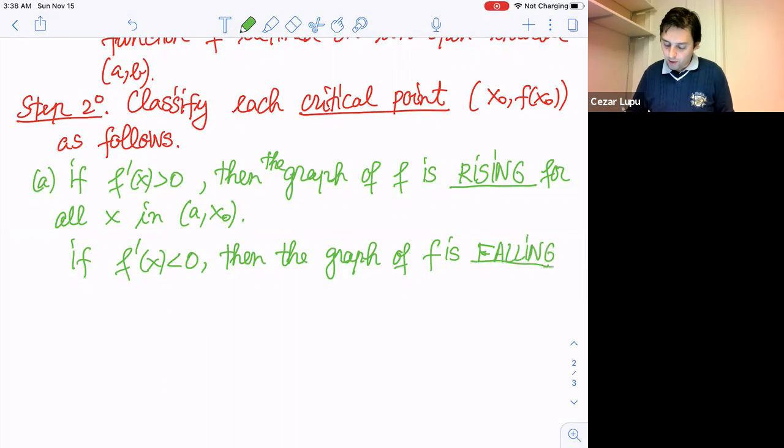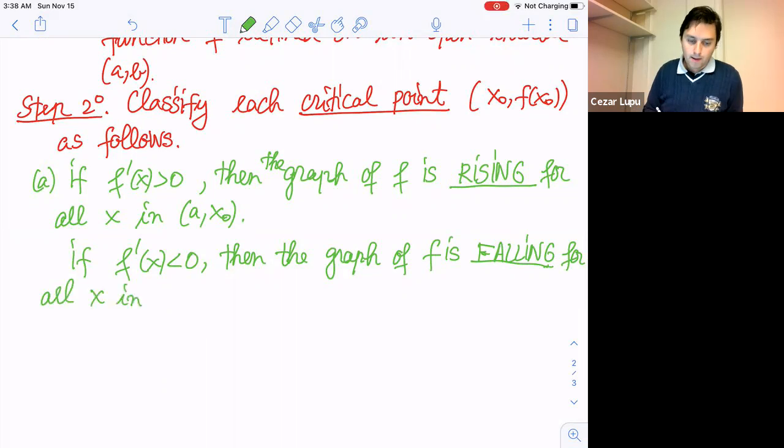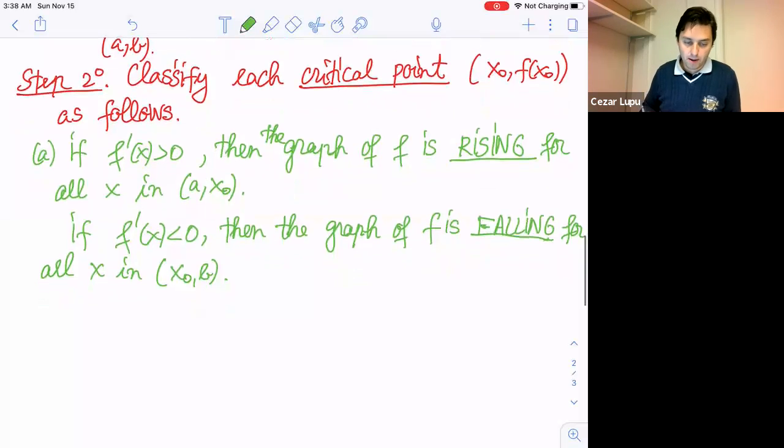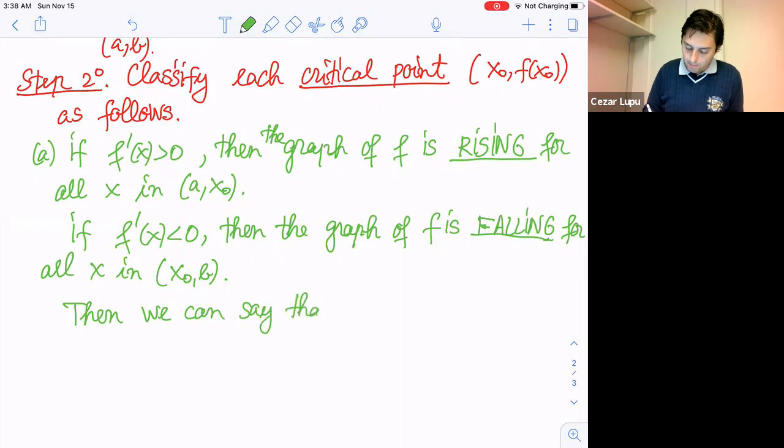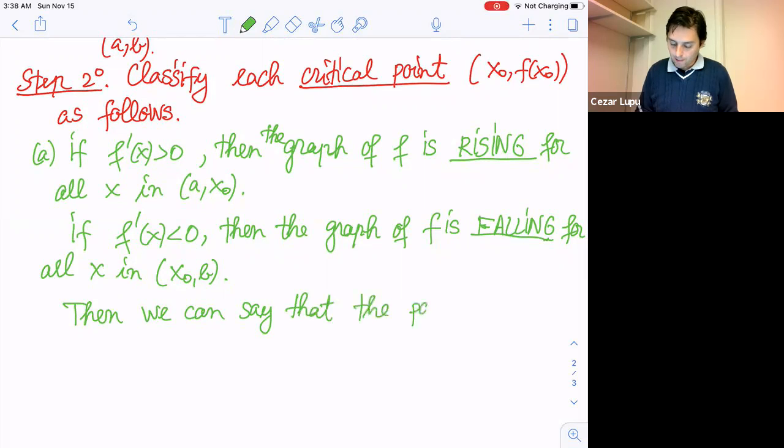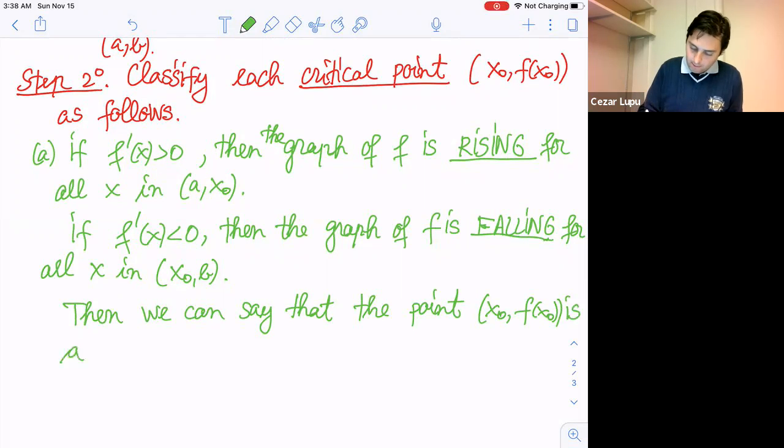Okay, it's falling for all x in the interval x naught b this time, right? So, and let me just draw a picture so that you can see better. And then we can say that the point x naught, f of x naught, right? This point is a relative max, and let me write it, relative maximum.